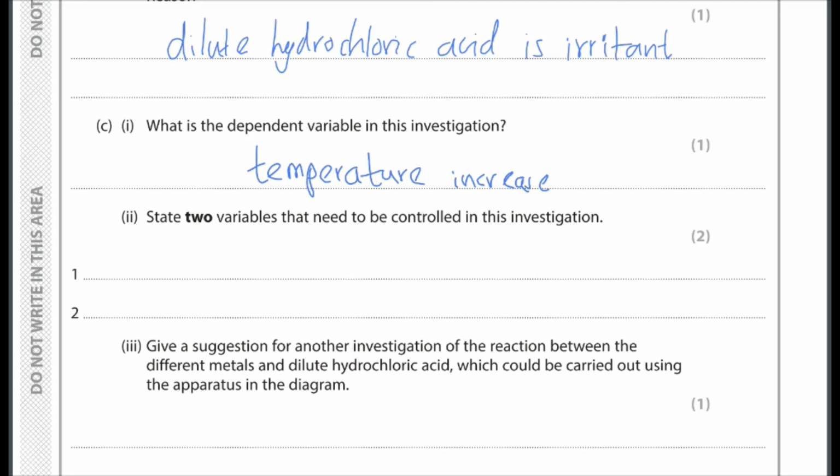State 2 variables that need to be controlled in this investigation. They have already told about the volume of acid, so we can say the concentration of acid. And also we can say the size of the metal, or the surface area of the metal.